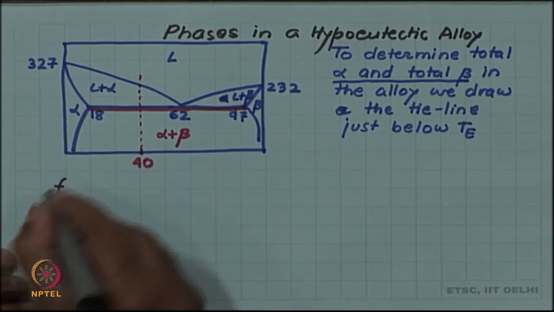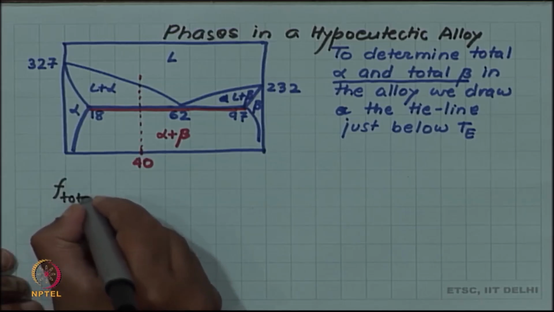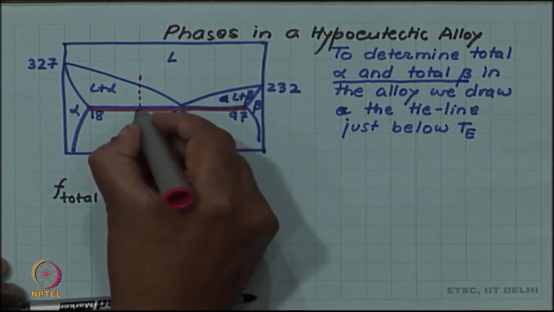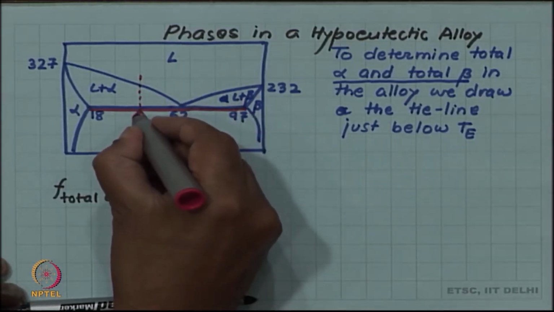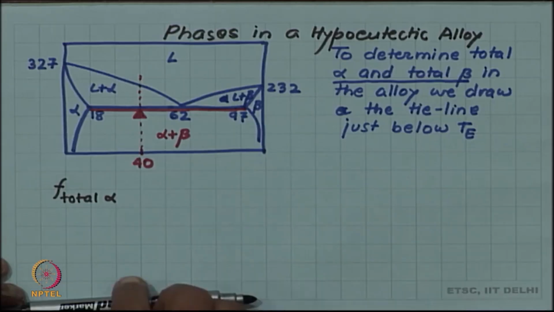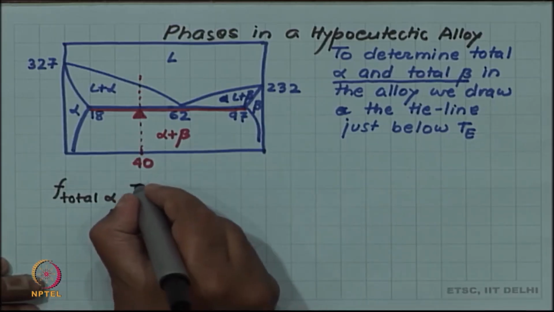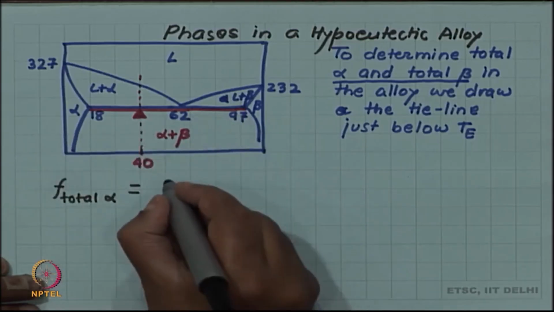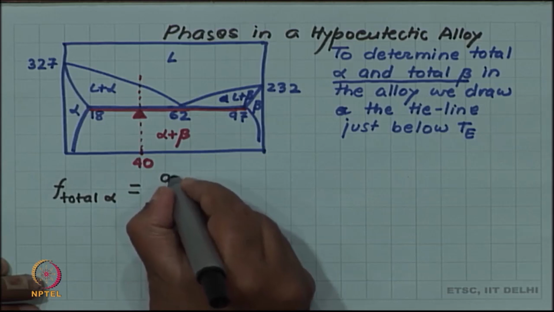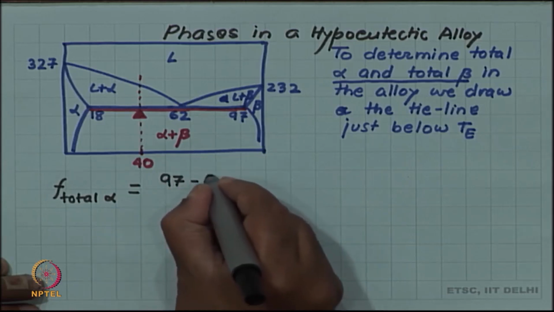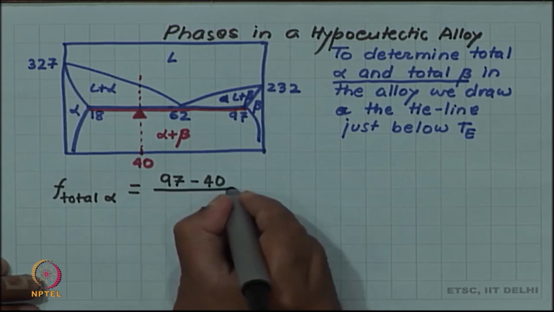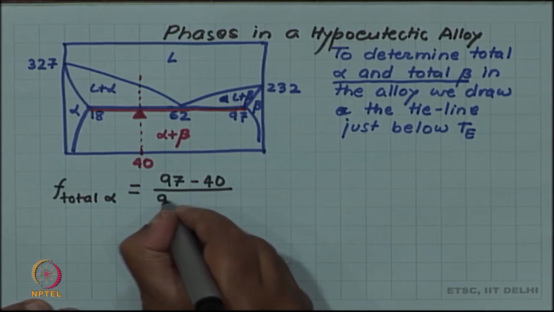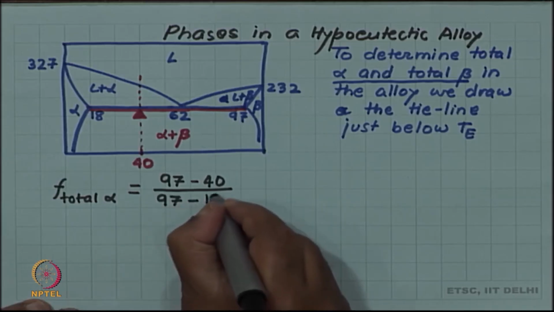So, once you recognize this, it is easy to calculate. Now, we are quite familiar with the lever rule. So, we want total alpha, the lever is this red line and the fulcrum is at the alloy composition. And alpha is on the left. So, the right hand lever arm is the alpha arm, which becomes 97 minus 40, the lever arm corresponding to alpha, and 97 minus 18 is the total lever arm.